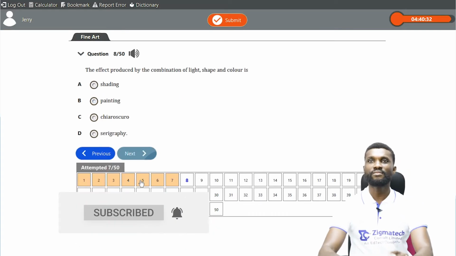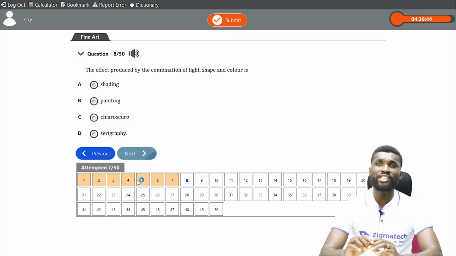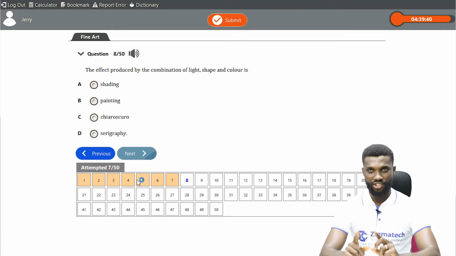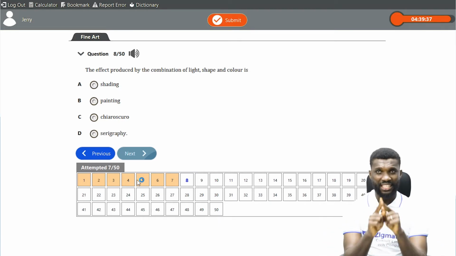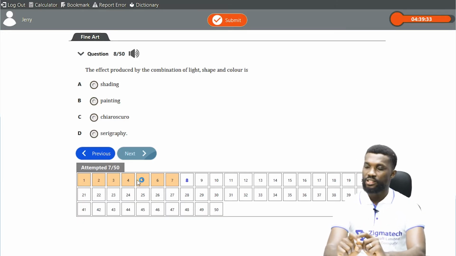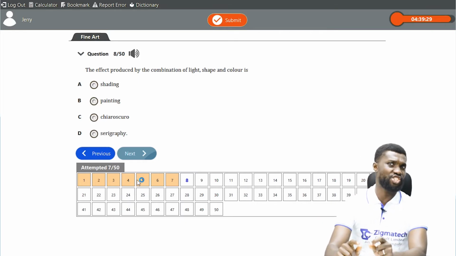All right, now let's look at question number 8. The effect produced by the combination of light, shape and color is dash. Understand the question. A, shading.